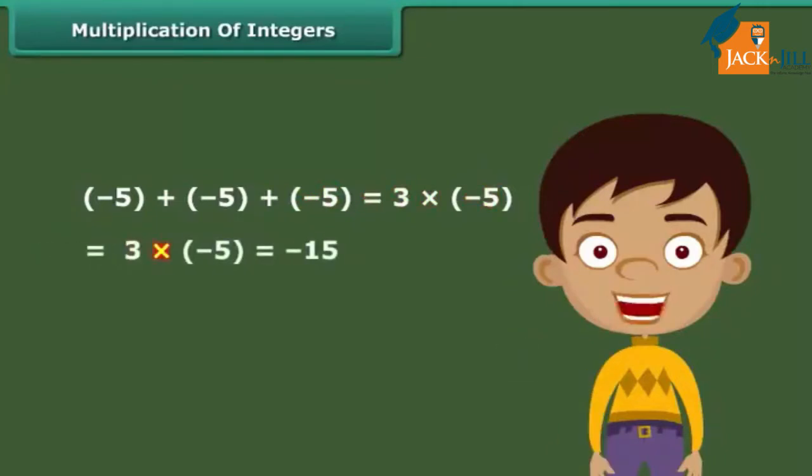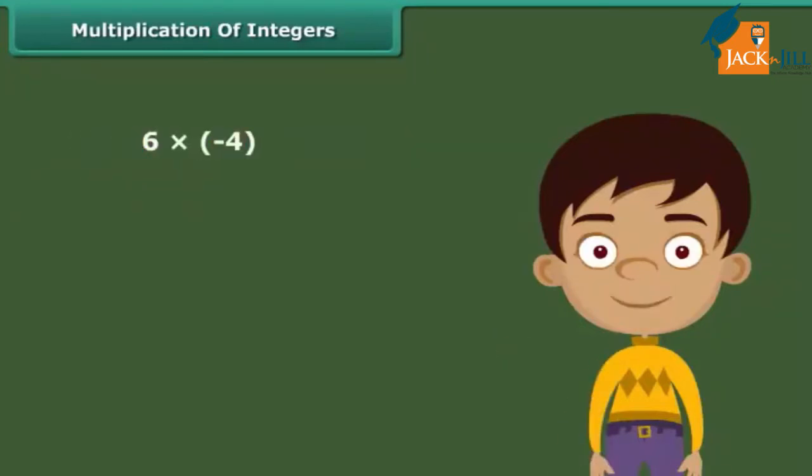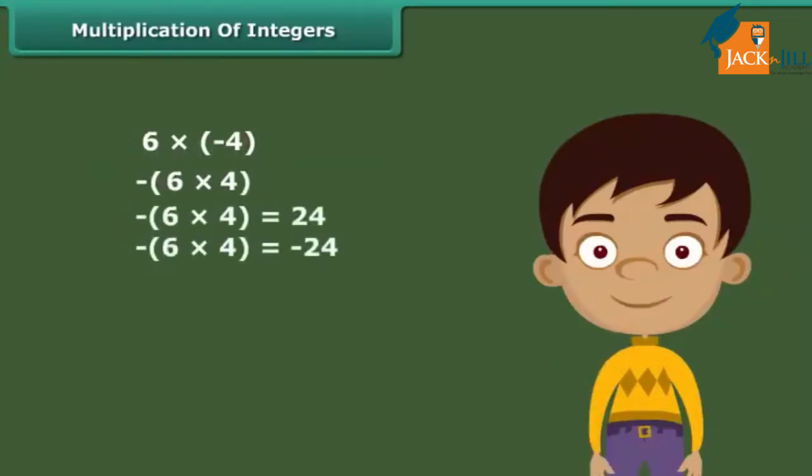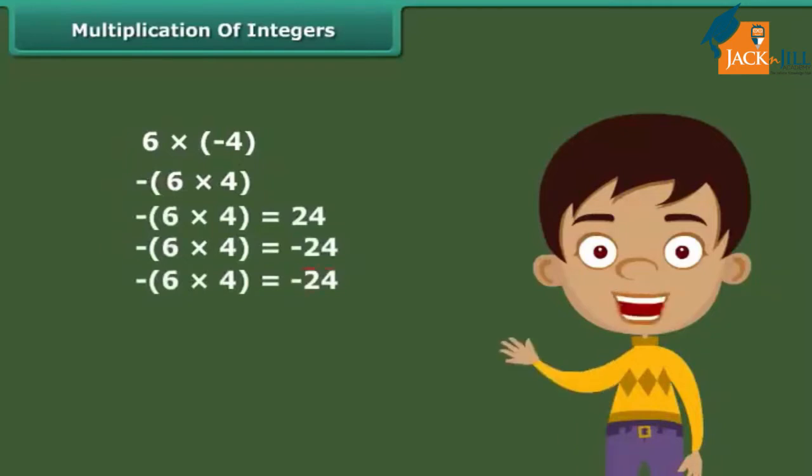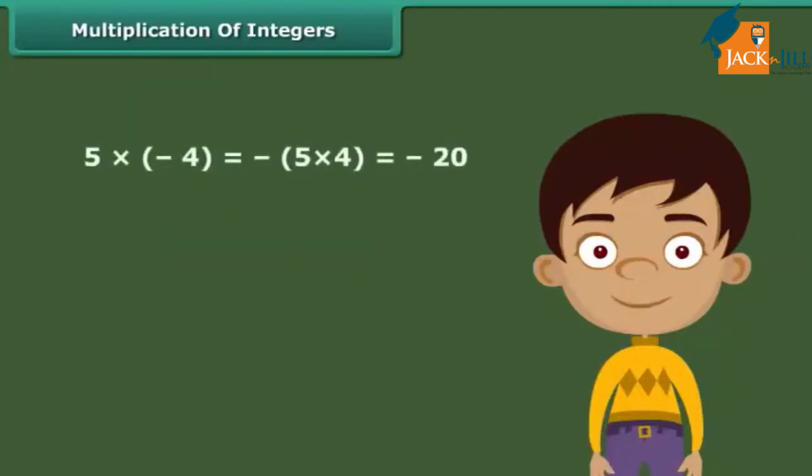Therefore, 3 into minus 5 is equal to minus 15. Let's now find the product of a positive and a negative integer. Firstly, multiply 6 by 4 and then put minus sign before the product obtained. We get minus 24. Similarly, 5 into minus 4 is equal to minus 5 into 4, which equals minus 20.